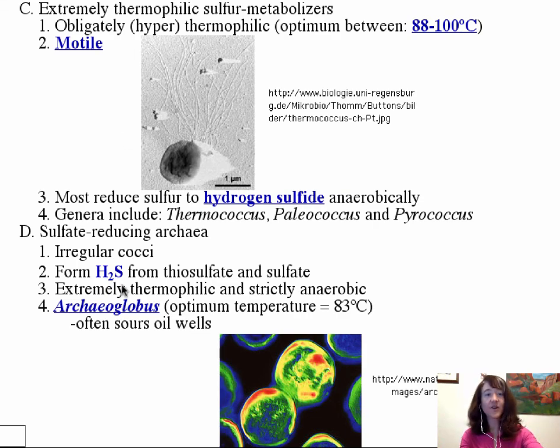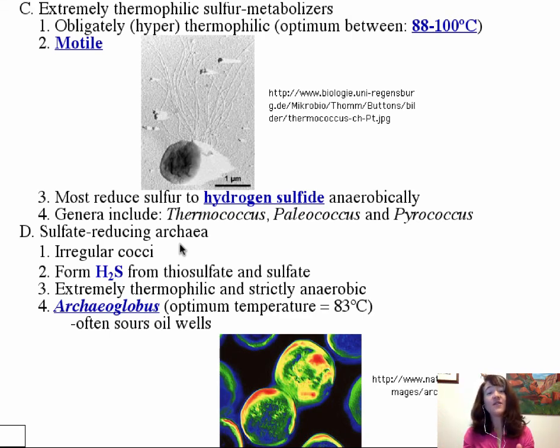Just like our extremely thermophilic sulfur metabolizers, these sulfate reducing bacteria also produce hydrogen sulfide. You remember this from lab because when you produced hydrogen sulfide in your tubes, you saw that it turned black. Well, that's because there was iron in the SIM tubes that we used. The iron reacts with the hydrogen sulfide and makes iron sulfide, and iron sulfide is that black precipitate.